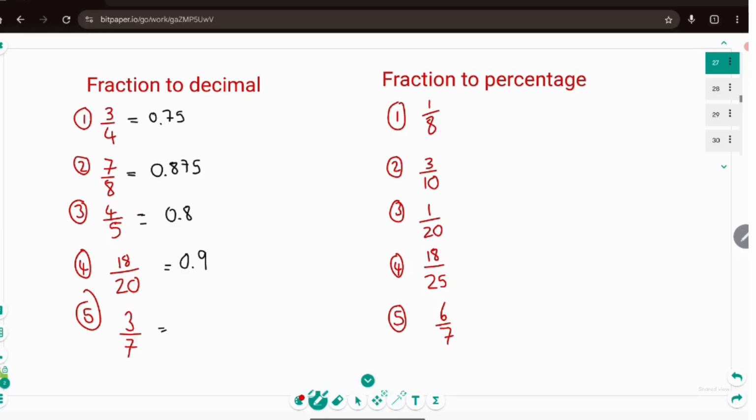You do get a very long decimal here. I am going to round it to 2 decimal places, 0.43.